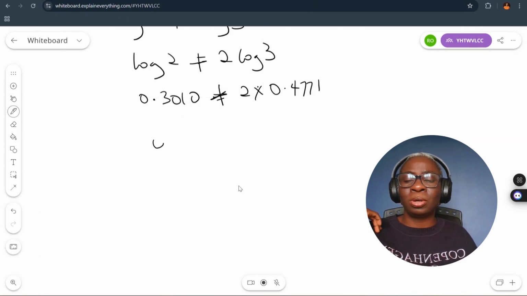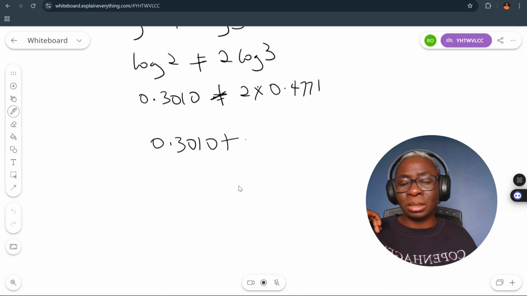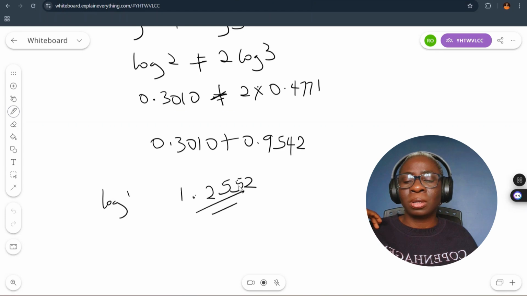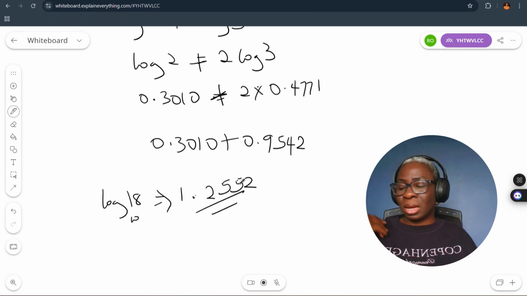So this will be 0.3010 plus, when you multiply this, you will get 0.9542. Now we add from the right: we have 2, then 5, 5 plus 0 is 5, 9 plus 3 is 12. So we have 1.2552 for log 18 base 10, and that's it.